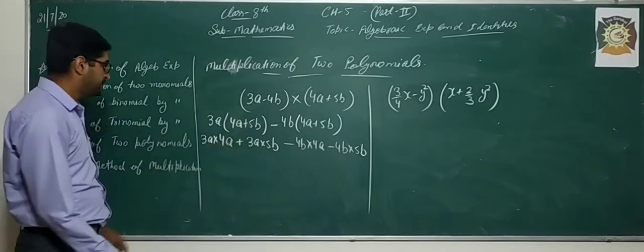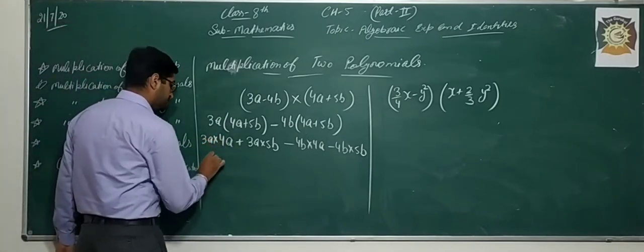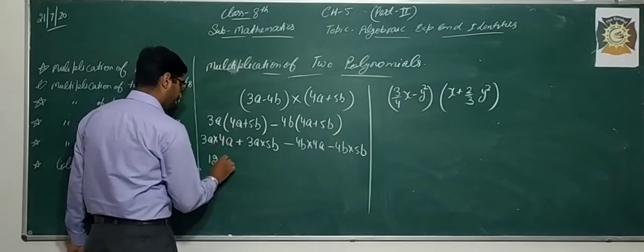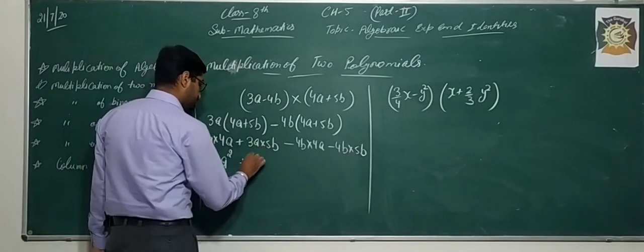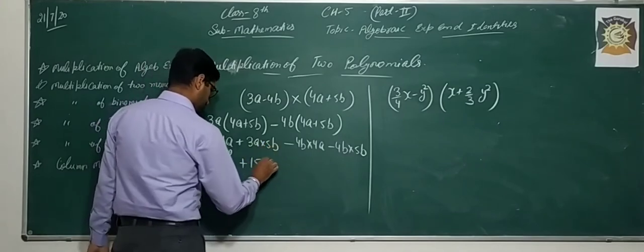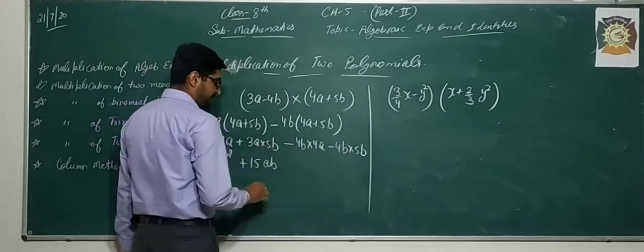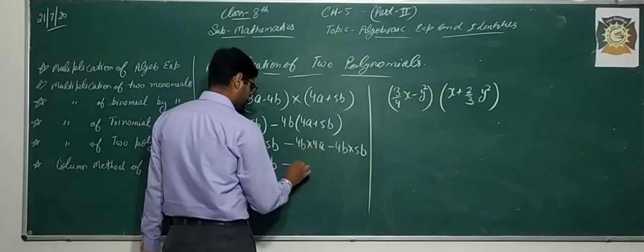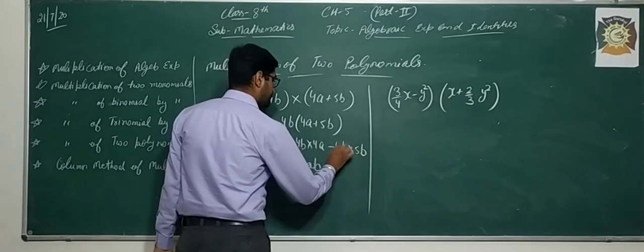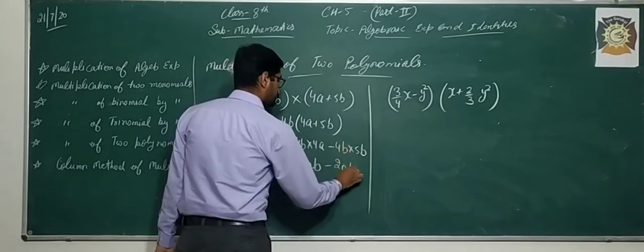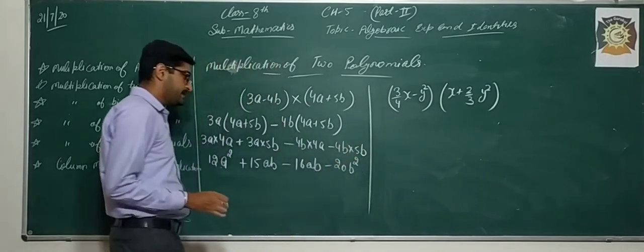Now start multiplying. 4 into 3, this is 12, a into a, this is a square, plus 5 into 3, 15, a into b, this is ab, minus 4 into 4, 16, ab, and minus 5 into 4, 20, b square.